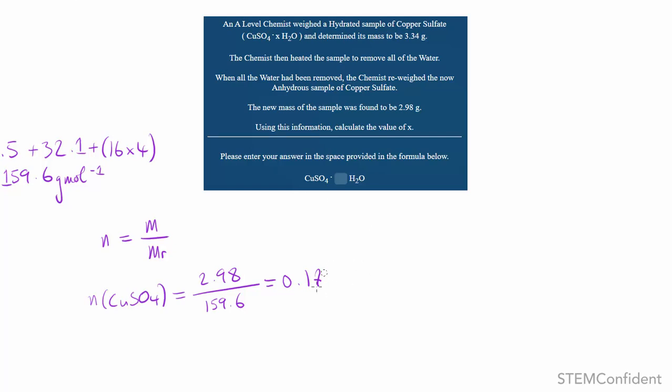This actually is 0 here, so it's 0.018672, and that's in moles, to 5 significant figures.